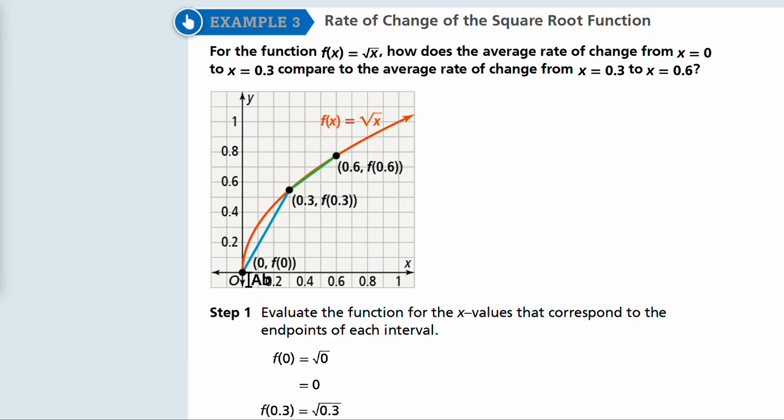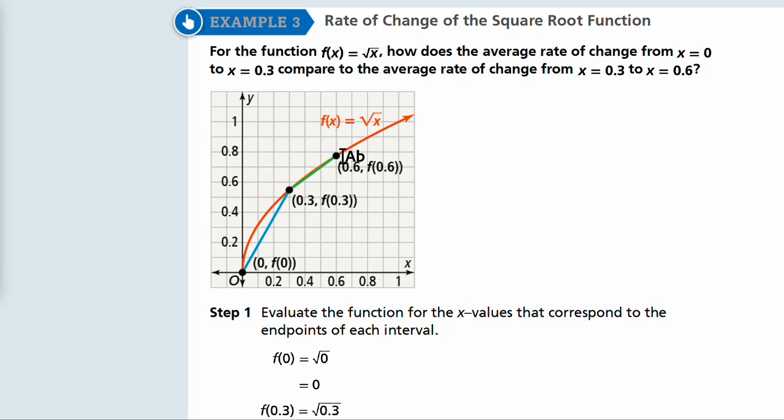So the interval between 0 and 0.3. The slope is, I don't know this value exactly, maybe like 0.55 over 0.3. So that's like 5 over 3, right?